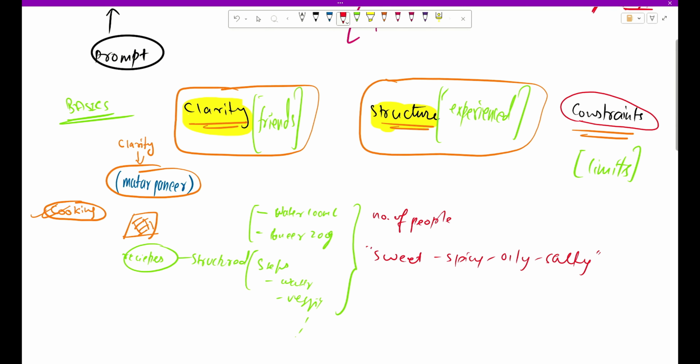Now this leads to inconsistent results, because if you don't tell the AI what not to do, or what limits to follow, it will make assumptions. And assumptions in the AI world lead to uncertain and inconsistent results.